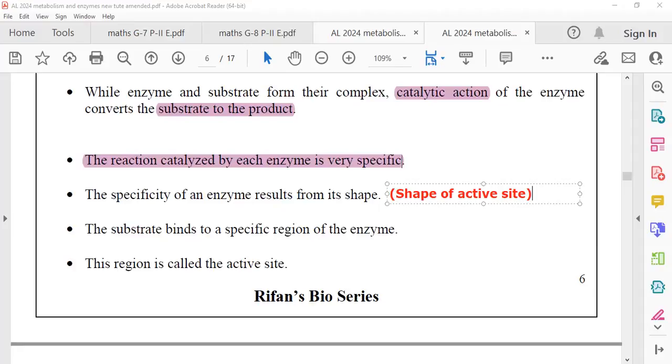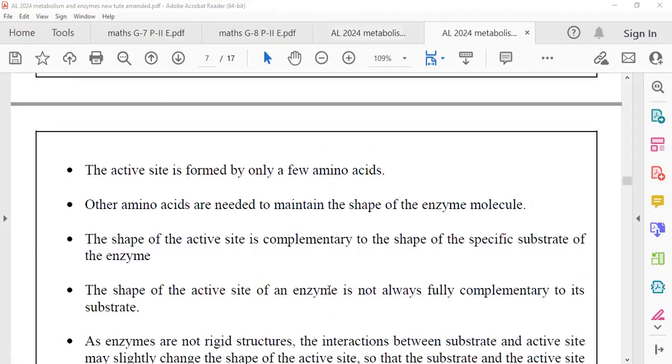Understood? Yes, sir. The substrate binds to a specific region of the enzyme, and that region is called by the name active site. Are you clear? Yes, sir. Right.